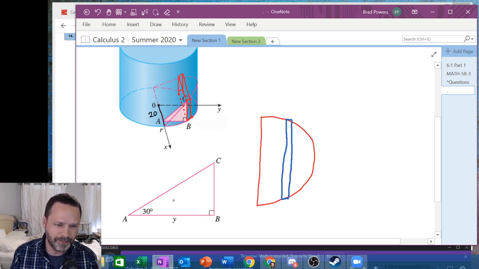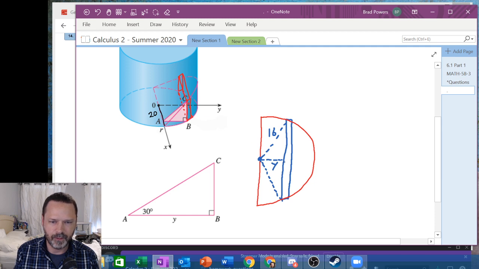And now we're given a couple things. Here's y. That's this distance. So let's say if I'm here, there's my center. I got this distance here, and this distance here, and we know what those are. Those are 16. And we know this distance, it's y. Right here, that's y.